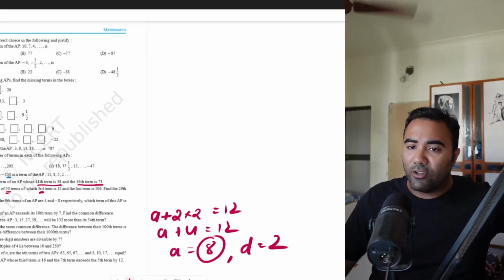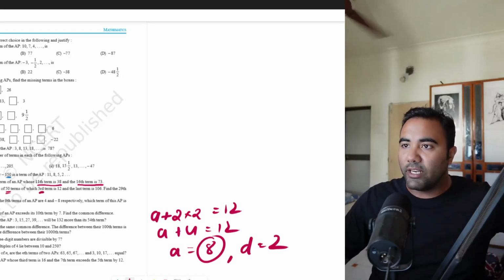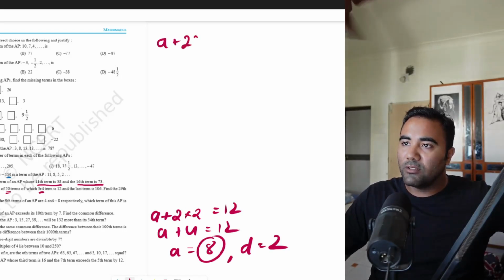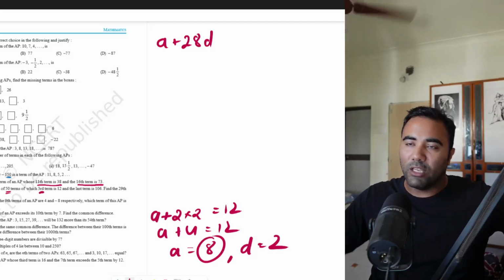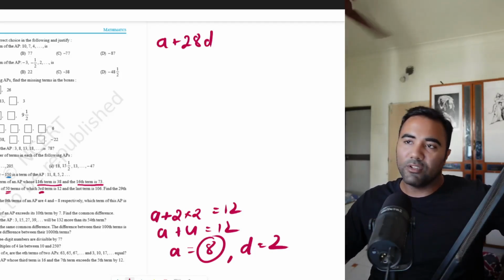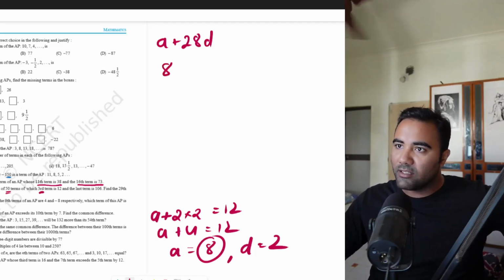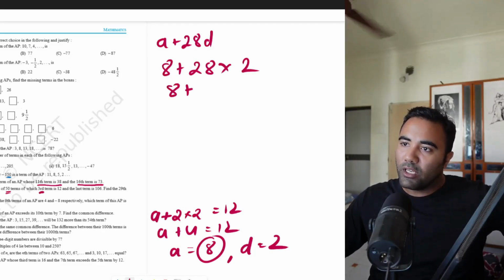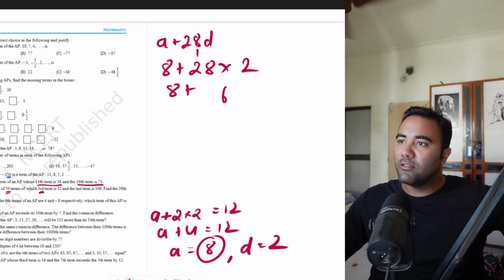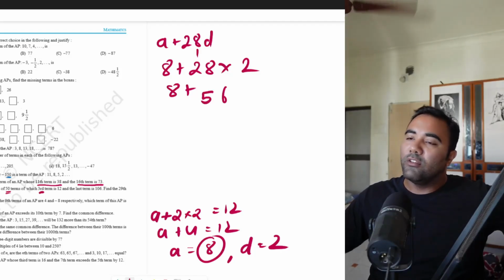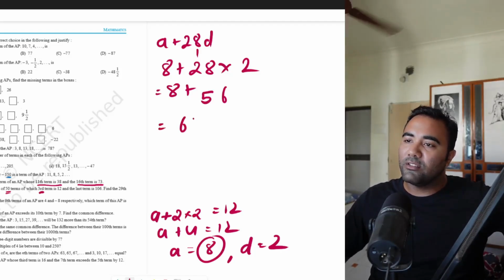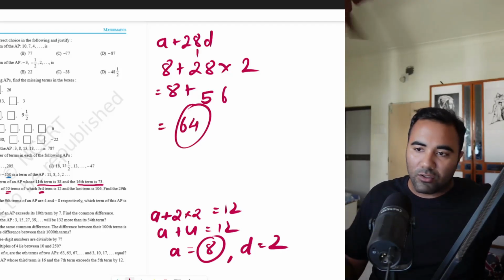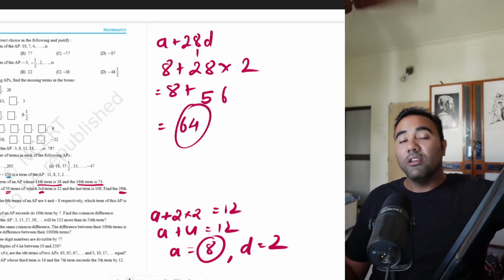How do we write the 29th term? a plus 29 minus 1 d, so a plus 28d. a is 8 plus 28 into d is 2. So 8 plus 56 is 64. So the 29th term is 64.